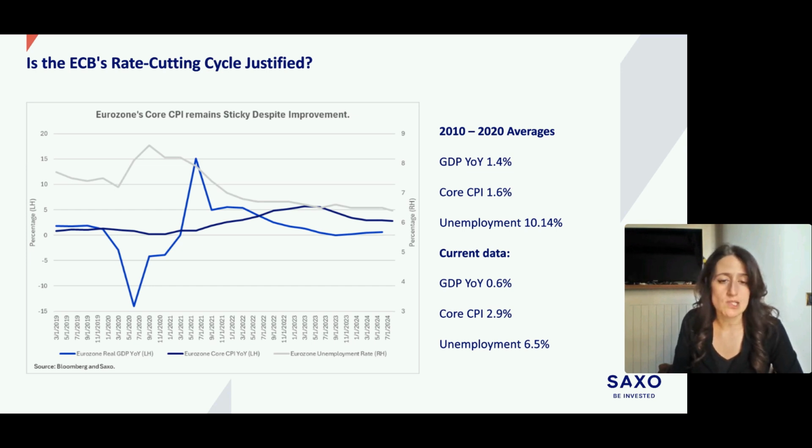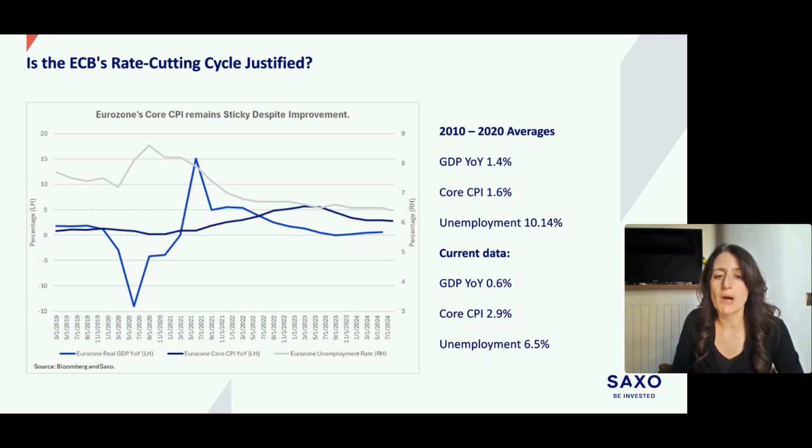And wages, it's not in this chart, are still elevated. And while it's true that the European economy has been stagnating in the past couple of years, there is some sort of recovery.